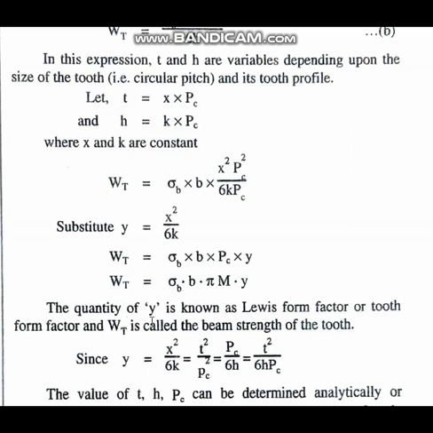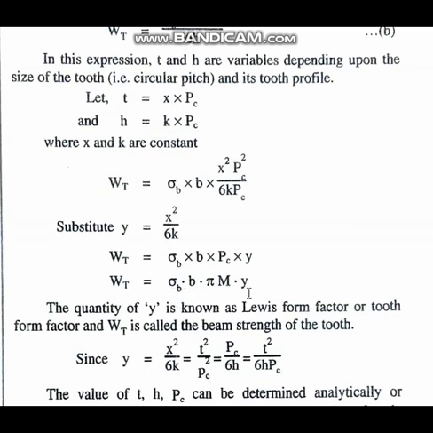The quantity Y, which is given by x square upon 6k, is the Lewis form factor or tooth form factor, and Wt is called the beam strength of the tooth. And this sigma b into Y is called the strength factor or something.